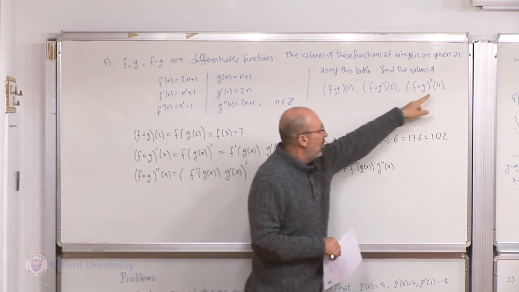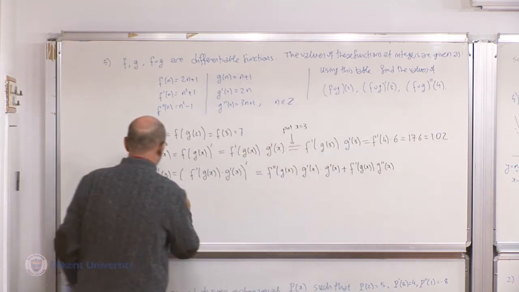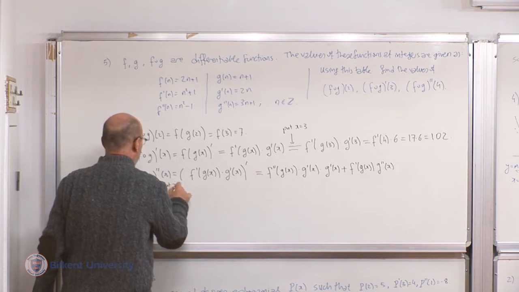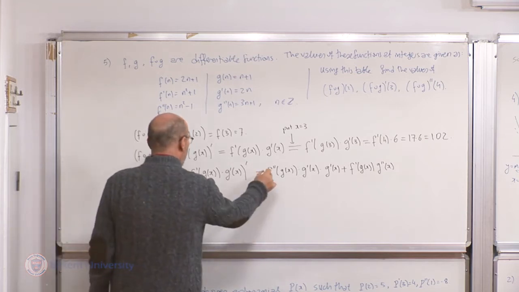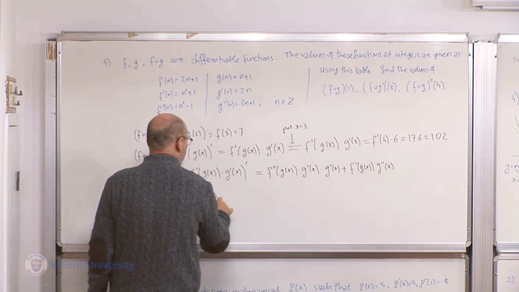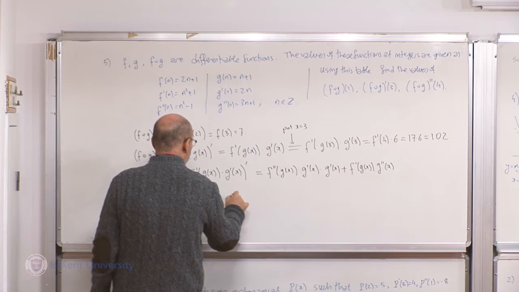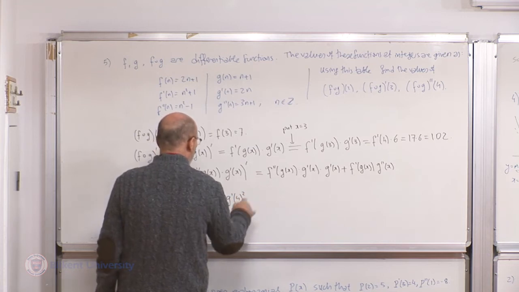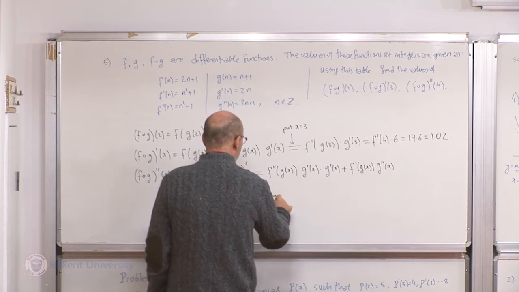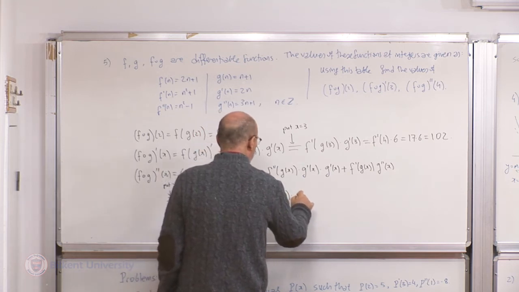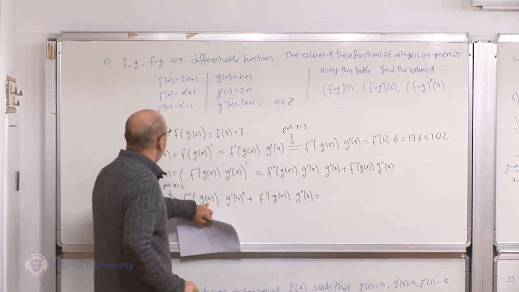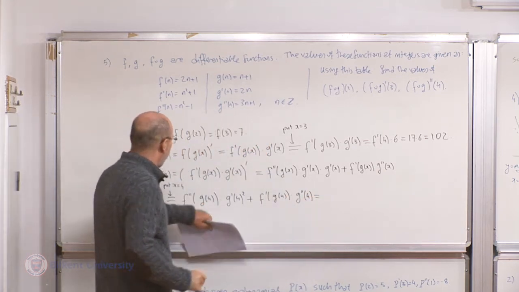Put x equals 4. So f double prime g of 4, g prime 4 squared, 2 of these, plus f prime g of 4 times g double prime 4. Okay, so let's see. G of 4 is 5.